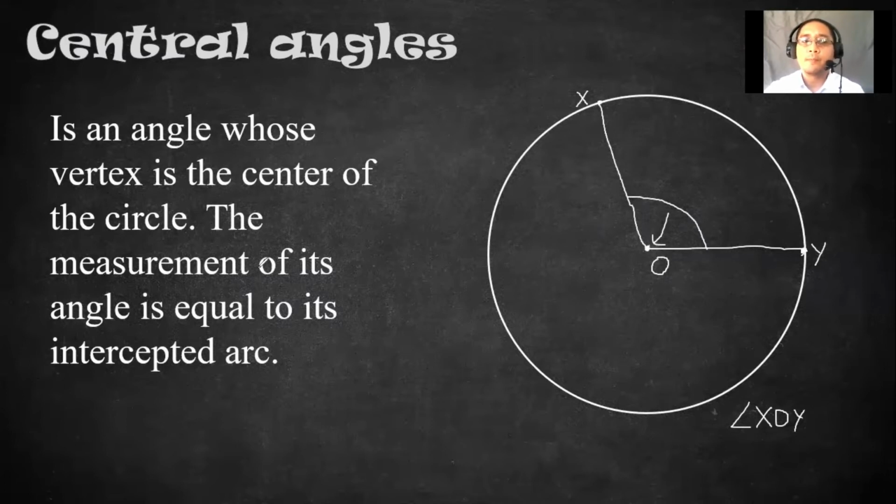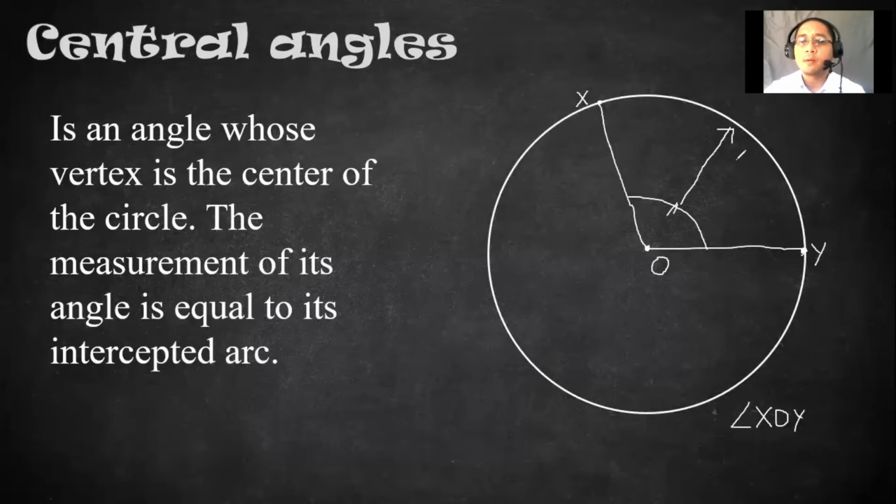Another statement in the central angle is that the measurement of its angle is equal to the intercepted arc. Now, where can we locate the intercepted arc? Based on the given illustration, this is the central angle, which we can directly identify the intercepted arc of.